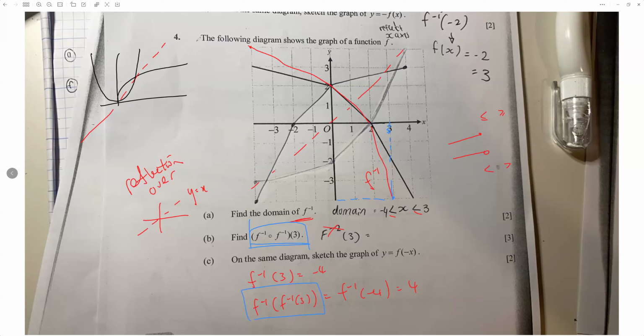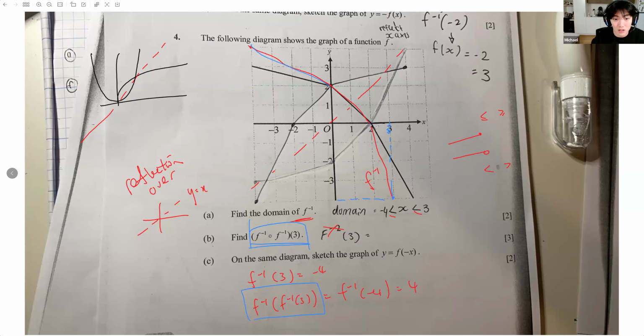So how do you know to draw the red line? Oh, I literally took the reflection. You look at this line segment, and if you reflect it over here, it's here, right? So you go from 0, 2 to 2, 0, and then 4, -4 to -4, 4.